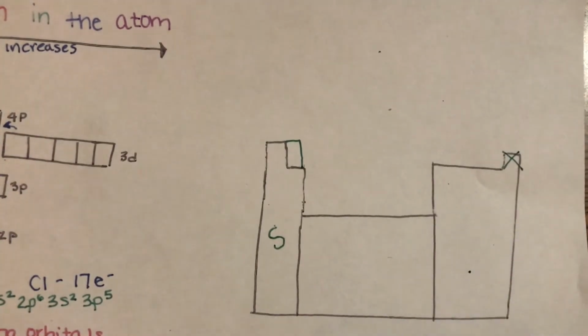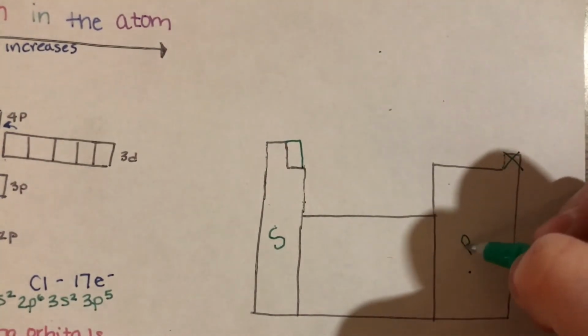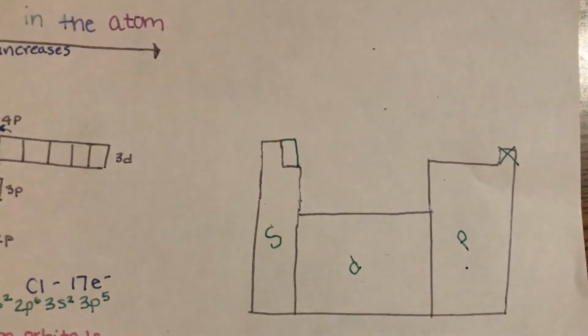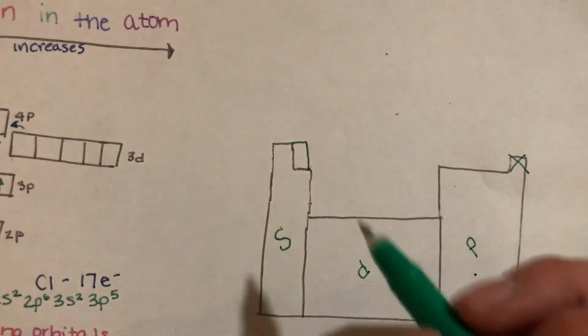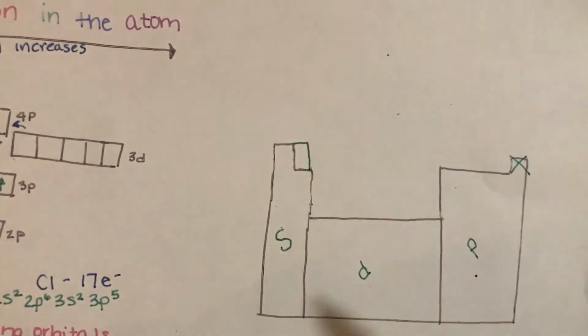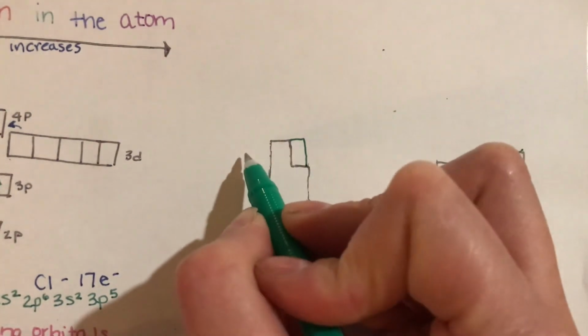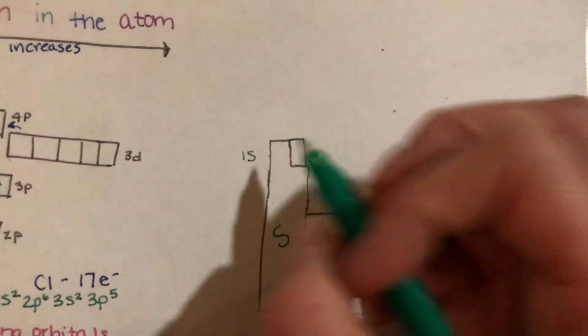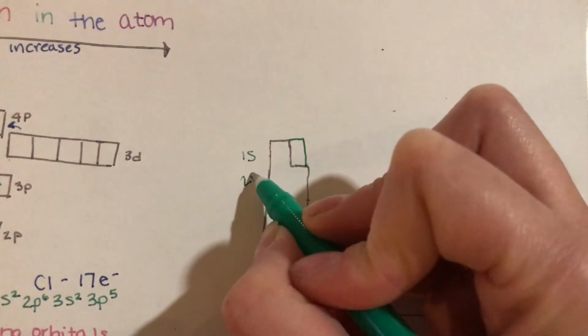Over here, this was 6 elements wide, which is the same amount that could fit in your p orbital. And then here, this is 10 elements wide, which fits in the d orbital. So looking across, we can see the first one that you hit if you're moving down the periodic table is the s group. So right here, these first elements, helium is 1s. Lithium's group would be your 2s.